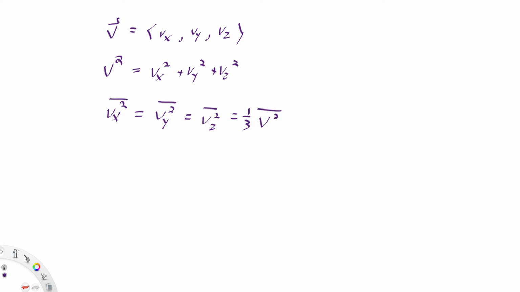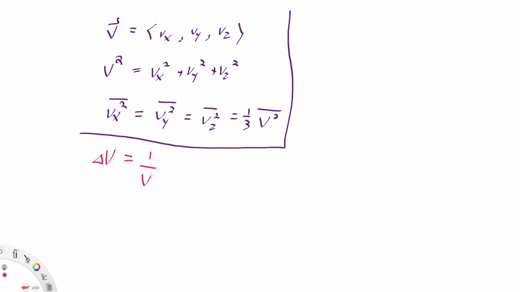So for the second formula, there's this one: change in volume equals 1 over B times F over A times initial volume.